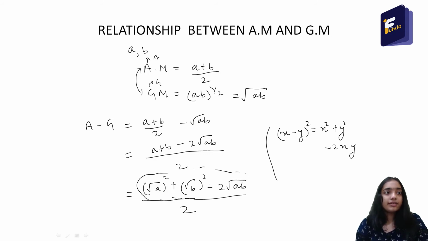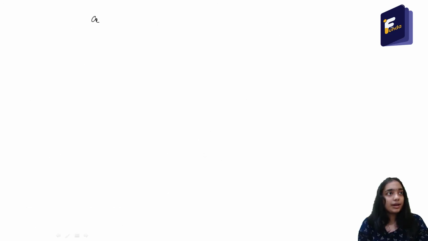If I write (root a minus root b) whole square, it will be root a square plus root b square minus 2 root ab, whole divided by 2, because we are calculating A minus G. So now we have got capital A minus G equal to (root a minus root b) whole square divided by 2.